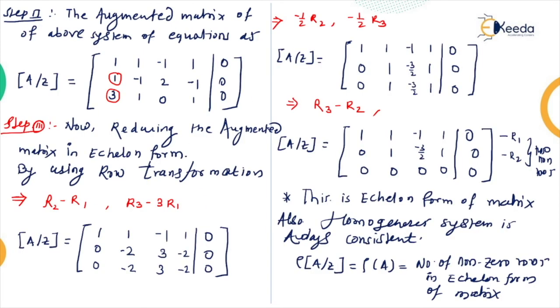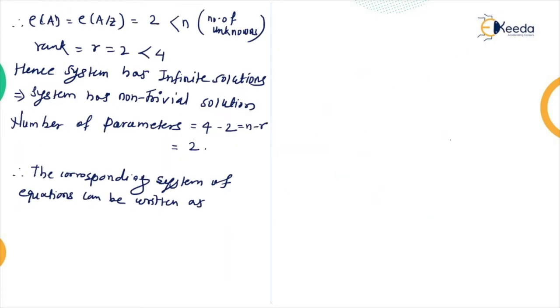The augmented matrix means the echelon form of the matrix, with the x coefficient, y coefficient, z coefficient, and w coefficient. By observing this, we can write the system as x plus y minus z plus w equals 0. The second one is y minus 3 by 2 into z plus w is equal to 0. There are 2 equations here, because only 2 non-zero rows are there.